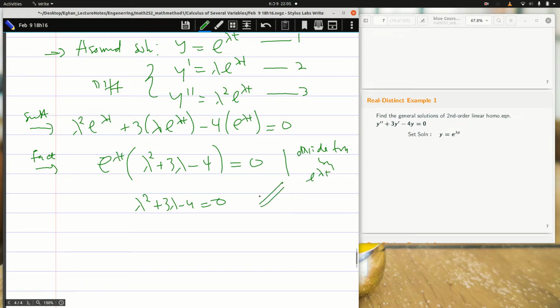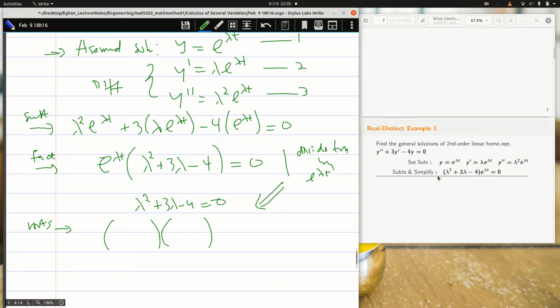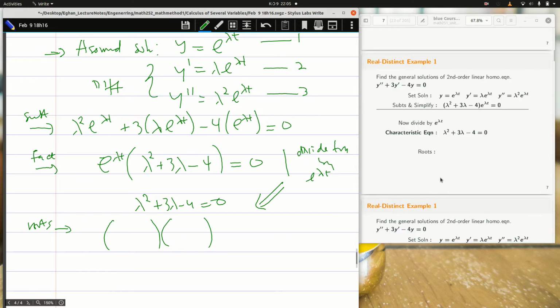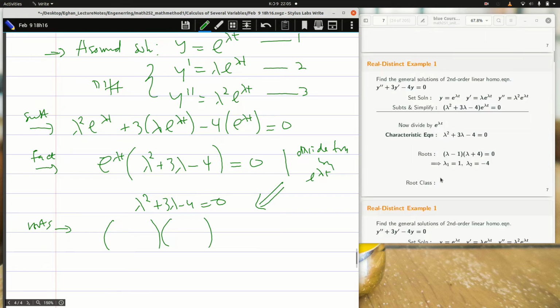Now this is where I find my root, or the zeros of the polynomial, that is finding factors such that you are going to get the polynomial. And the factors here are lambda minus 1, lambda plus 4 equal to 0. This means lambda 1 is 1, lambda 2 is negative 4.